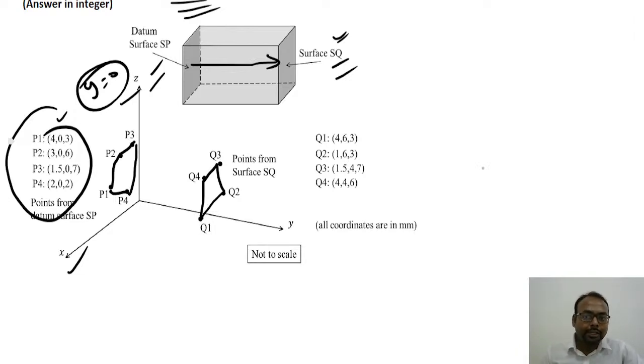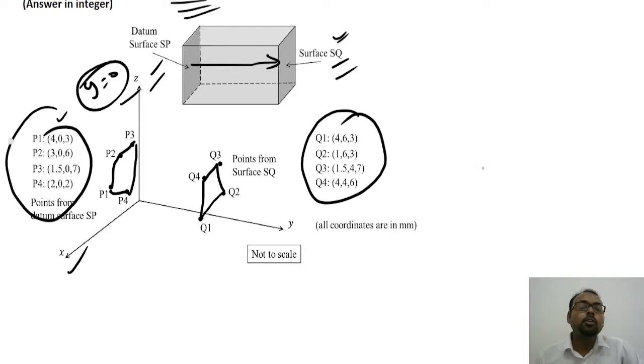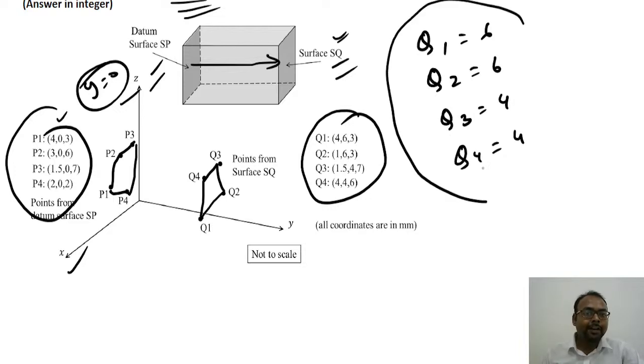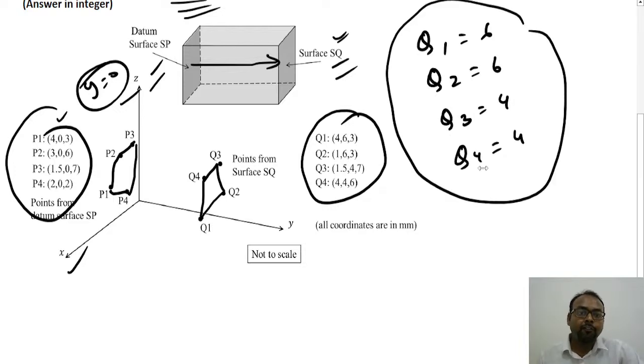So if we manage to get the y coordinates of Q1, Q2, Q3, Q4, we will have the distance between SP and SQ. So what is the y coordinate of the Q1 point? That is 6. What is the y coordinate of the Q2 point? That is again 6. What is the y coordinate of the Q3 point? 4. And Q4? That is again 4.